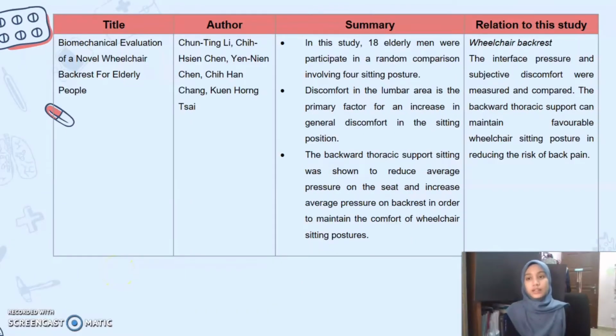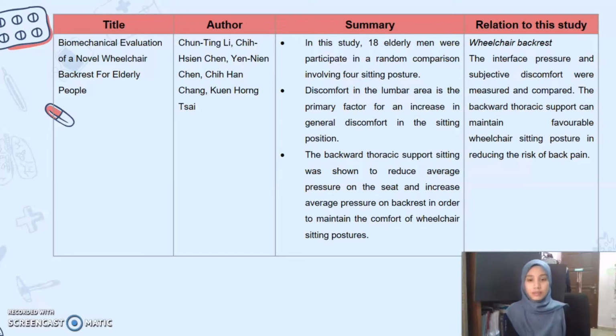The second title of the literature review is Biomechanical Evaluation of a Novel Wheelchair Backrest for Elderly People. The summary of this paper is that back pain is a common complication of wheelchair-bound elderly people.